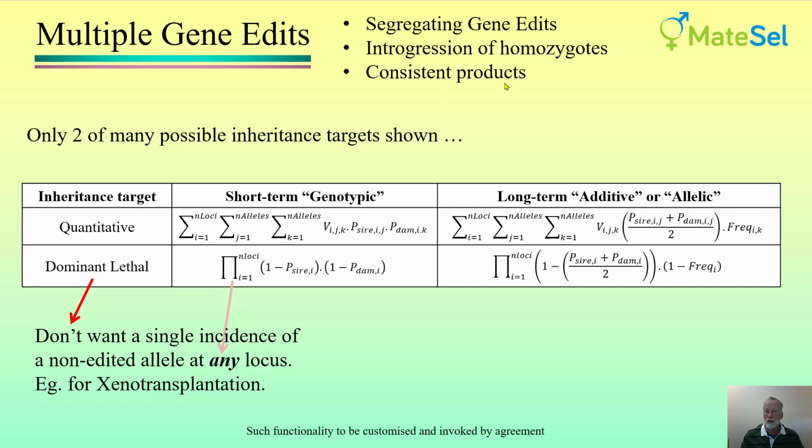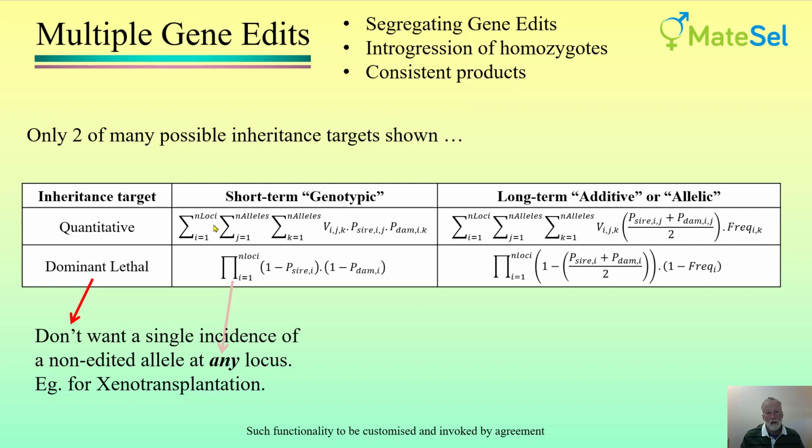That means that you will want to sell breeding products that are homozygous or not for gene edits and not heterozygous. That means that your clients can use these to create products that are indeed heterozygous in many cases, but they have the desired properties for the end user. And so it's likely that in many cases, segregation of gene edits will be an issue to be handled in the breeding program. Let's look at these inheritance targets, but not in too much detail.